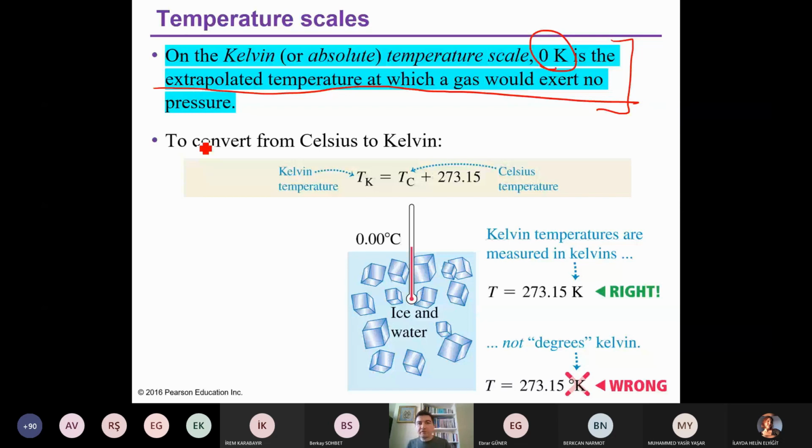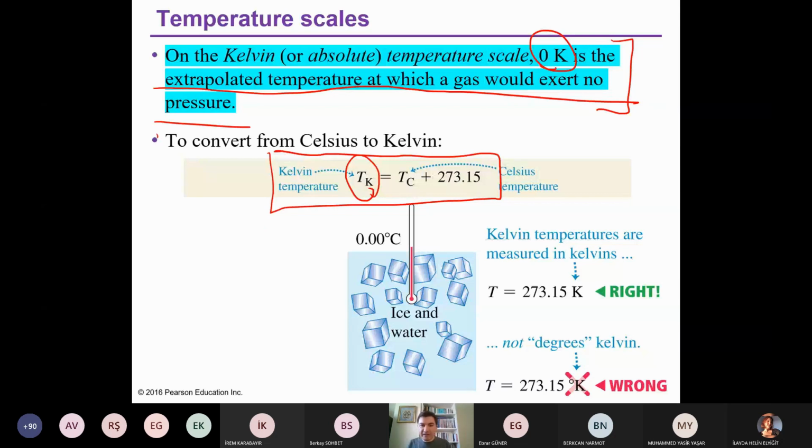So in order to convert from Celsius to Kelvin, you can use this formula. This is the temperature in Celsius scale plus 273.15. Then you can find the temperature in Kelvin scale. Here, there is important information.